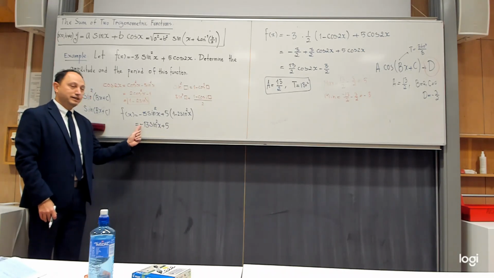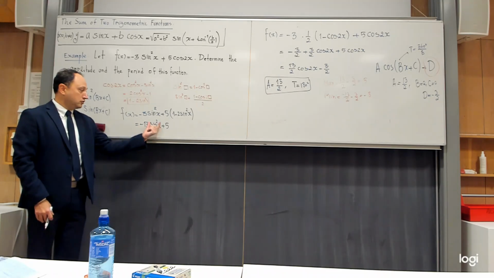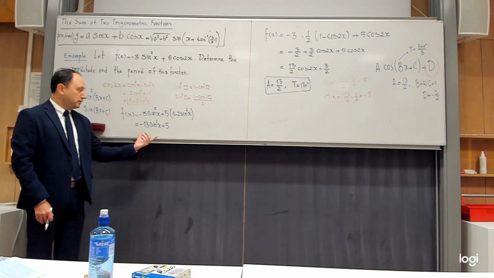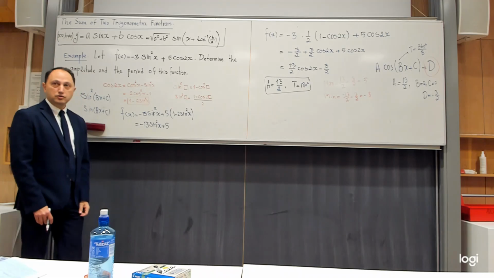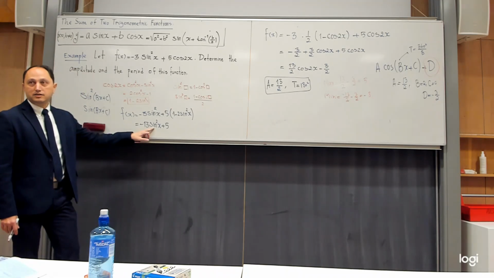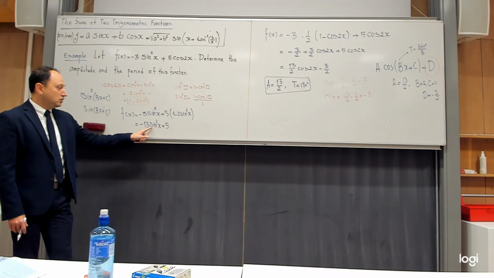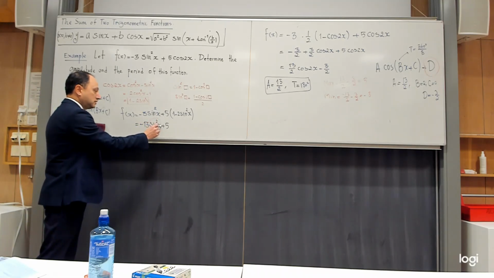Yes, because I have a negative sign. If I increase it, I will increase the negative value, then I will lower the function. So if I want to make it maximum, what should I do? I have to make this part as low as possible. Yes, is that understandable? Okay, what is the lowest value for this?